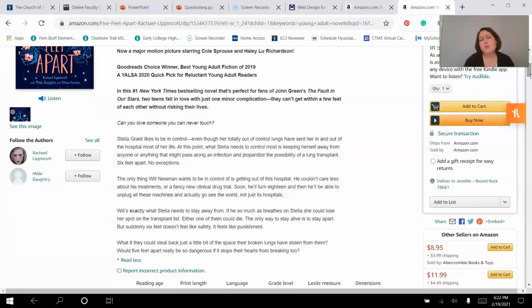So one question I would want this novel to answer for me would be, why do they have to stay apart? If they're both sick with maybe the same kind of disease, why couldn't they be closer together? I would want the novel to answer that kind of question.